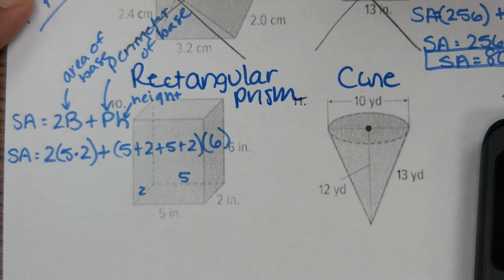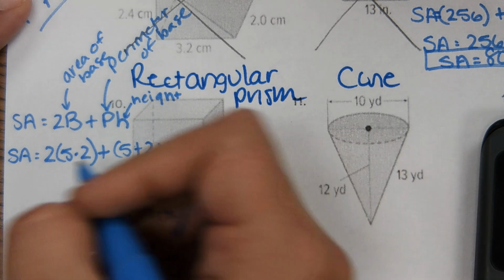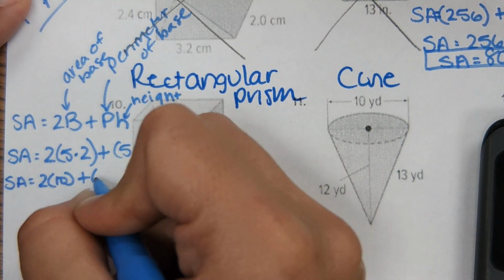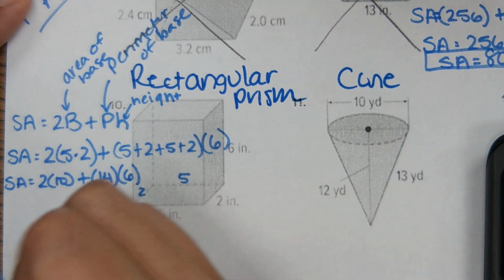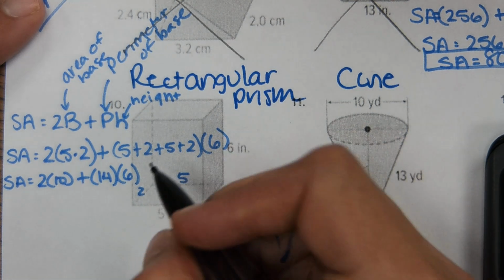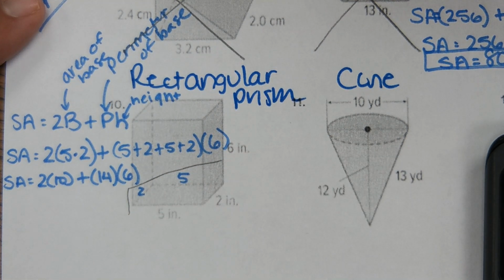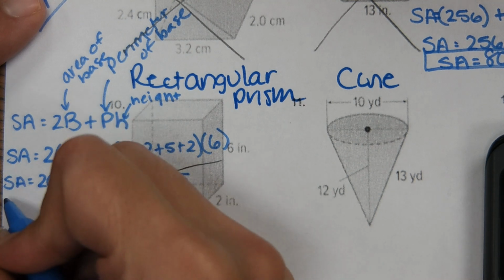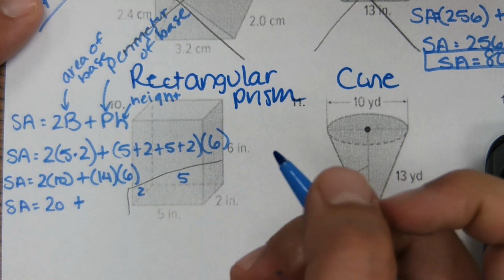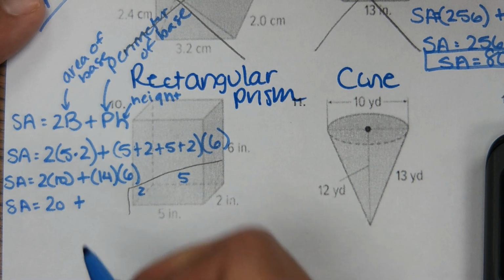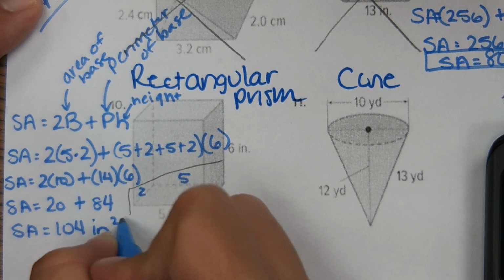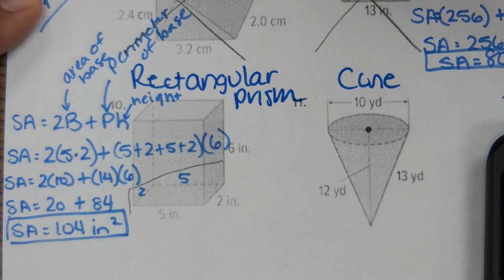And then we're going to use order of operations to solve, so we're going to make sure to solve what's in the parentheses first. 7 plus 7, 14 times 6. That 2 is separate from this. Okay, and then do your multiplication before you do any addition, subtraction. 14 times 6 is 84. 104.